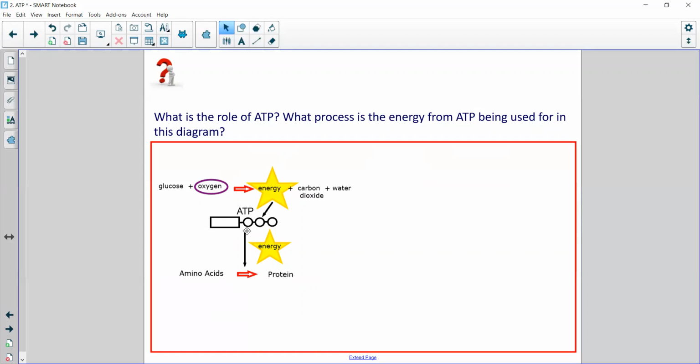So ATP is providing the link here. It is effectively carrying the energy over from that respiration reaction, and it is putting it into this energy requiring reaction here. So you can pause the video just now if you like, have a wee think. Can you come up with your explanation of what is the role of ATP?